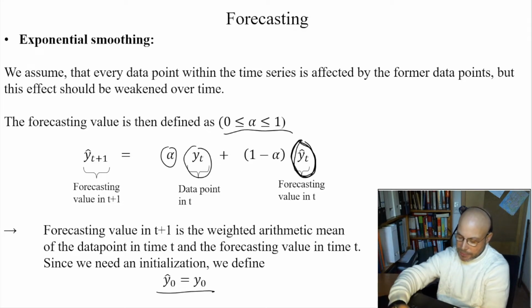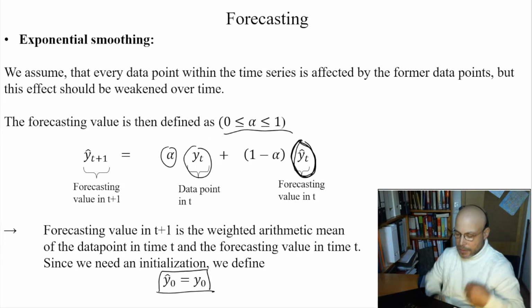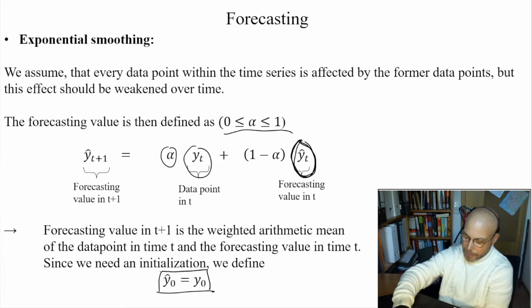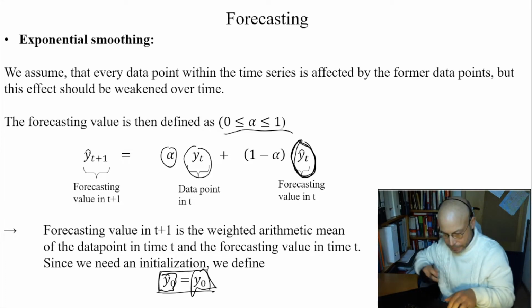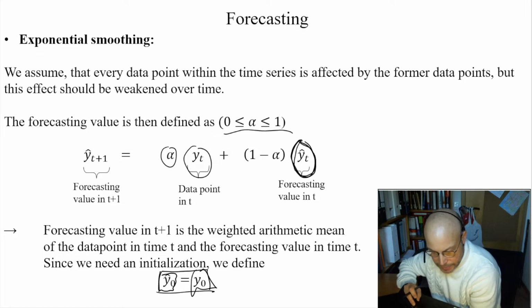So we just define that the first data point should equal its forecast itself. So we define that y0 hat equals y0. Well, in a minute we will do this, of course, also with our data set.